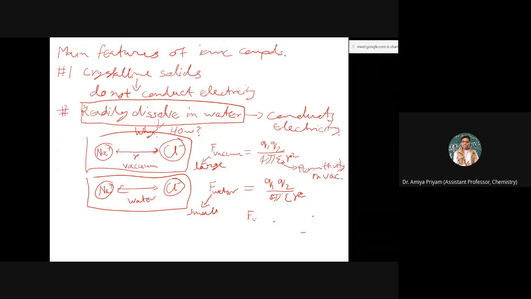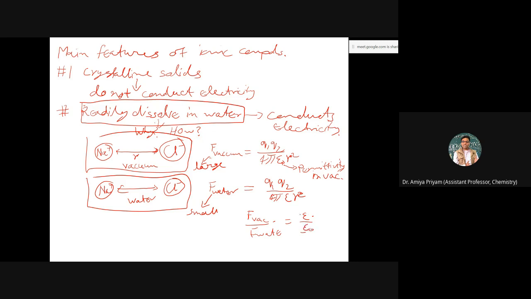Force in vacuum divided by force in water, if you take the ratio, it turns out to be what? Epsilon of water over epsilon naught.